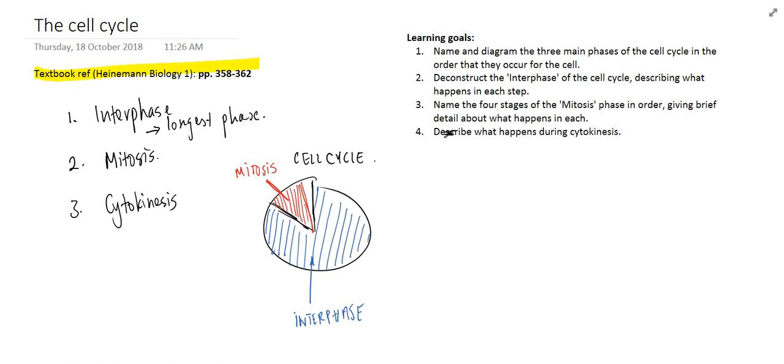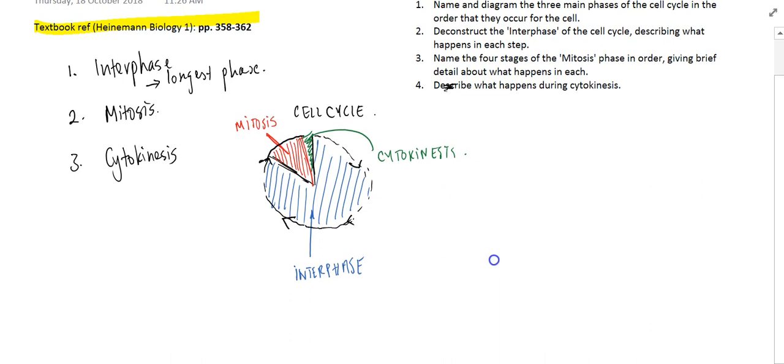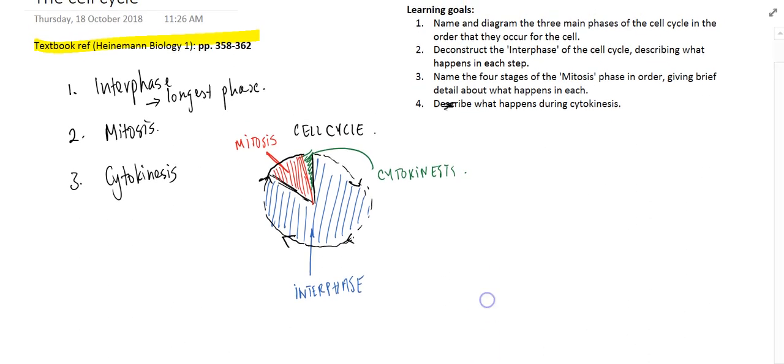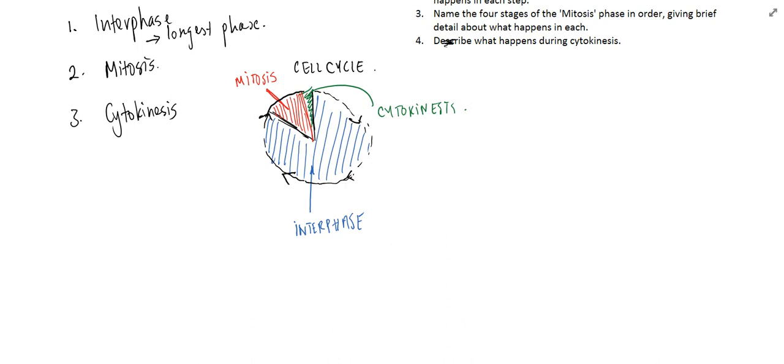And this final stage here, where the cell divides, is cytokinesis. So this is the cell cycle going clockwise, okay? This is the cell cycle going clockwise. So we go this way. Okay, so cells just continuously cycle through this. So we need to know the order and roughly, I guess, the proportions of each of the phases.